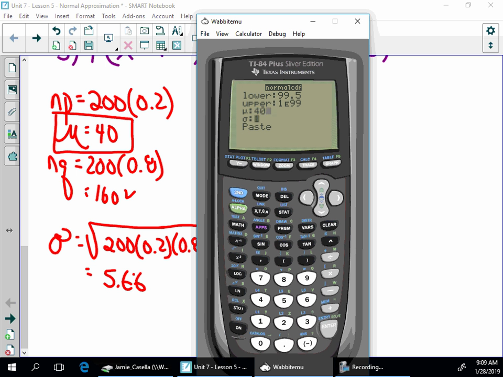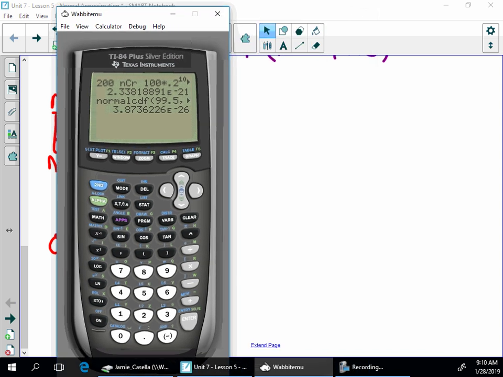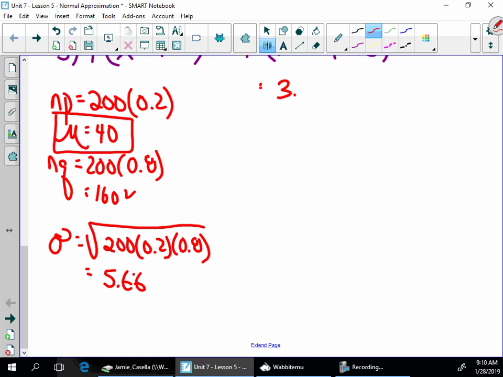Our standard deviation was 5.66. I'm going to paste that in, and we're going to get an answer of 3.87, and notice at the end there the E negative 26, that's scientific notation, so 3.87 times 10 to the negative 26.